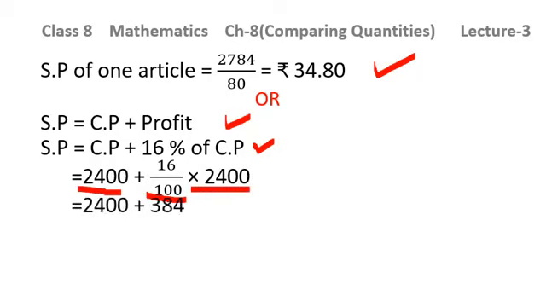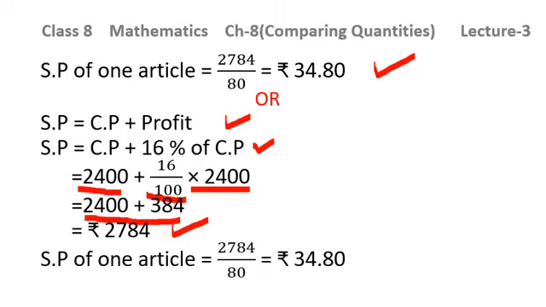Then it will be 2400 plus 384, that will give you 2784 as SP. Then we need to find the SP of one article. Simply 2784 divided by 80 gives you 34.80.